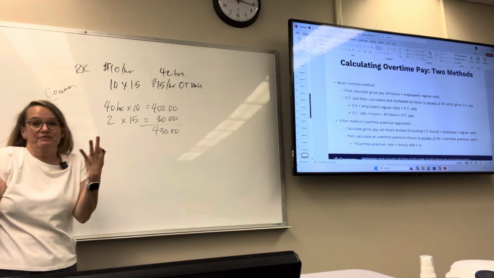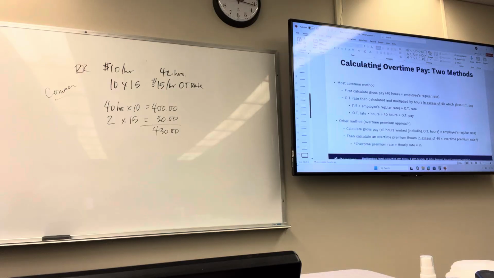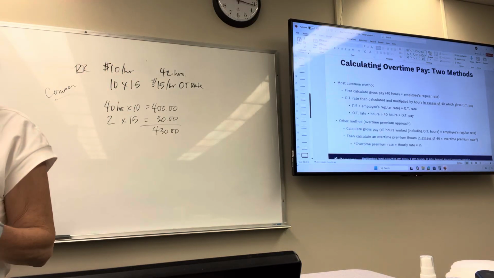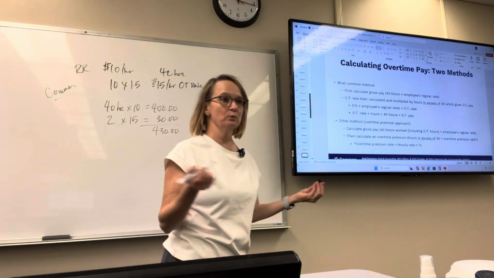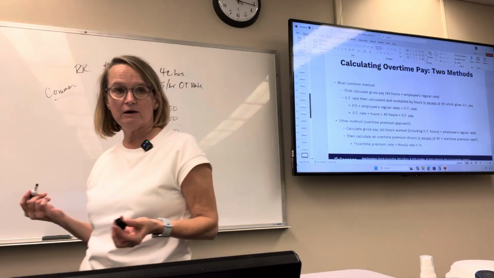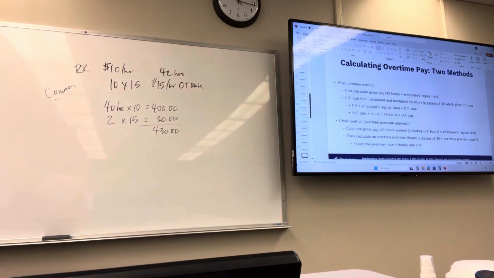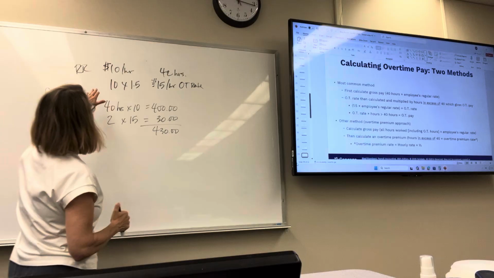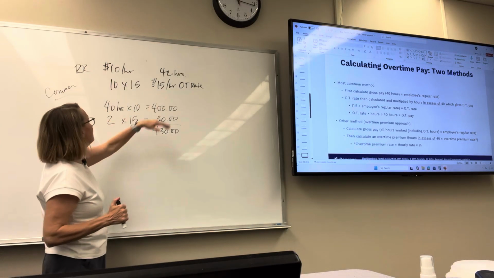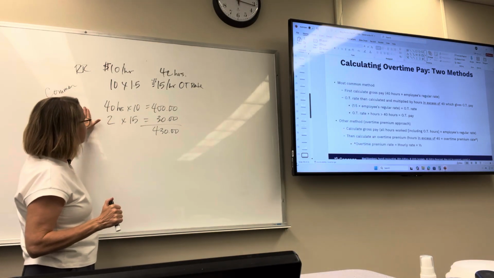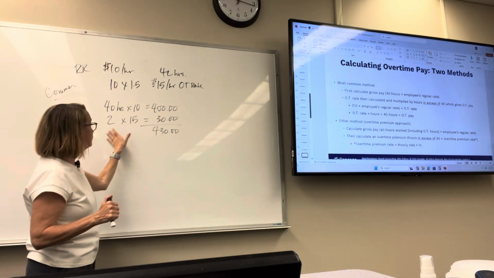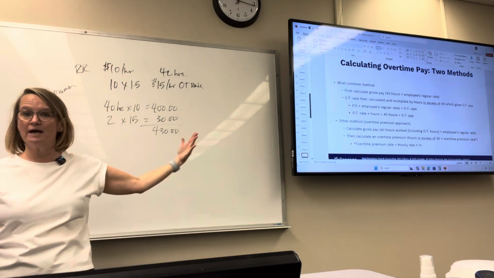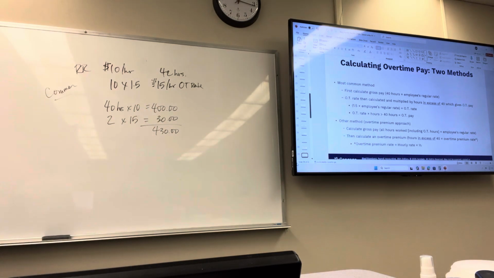This is the method that we're all familiar with. This is the method we'd all use to calculate in our head what our gross pay would be if we knew that we had worked some number of hours of overtime, right? Figure out what our regular rate is, figure out what our overtime rate is, multiply the regular hours by our regular rate, multiply the overtime hours by our overtime rate, and then add the two together.